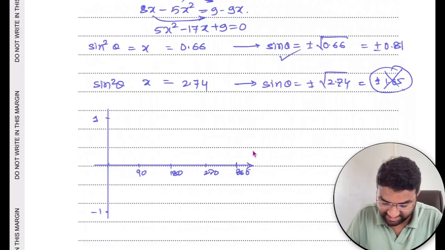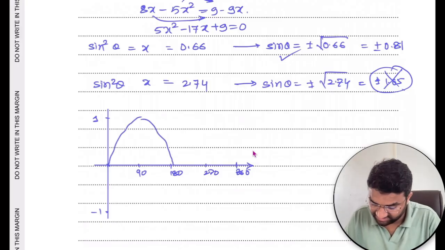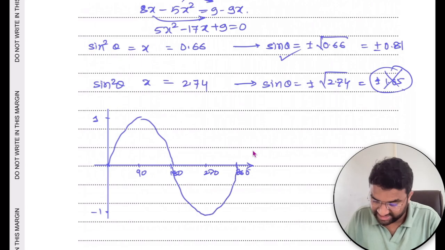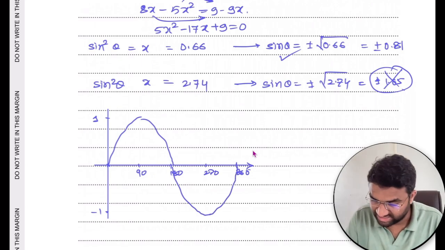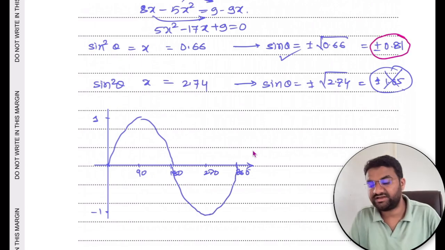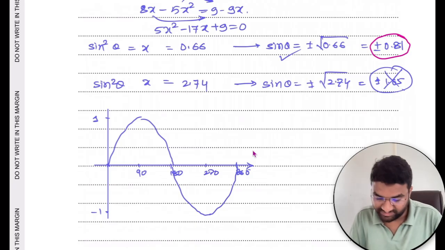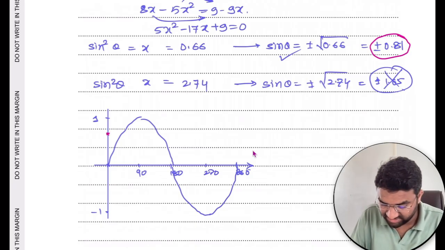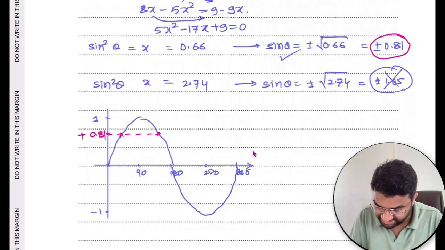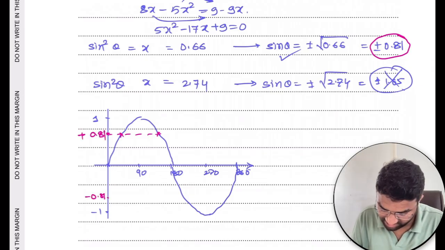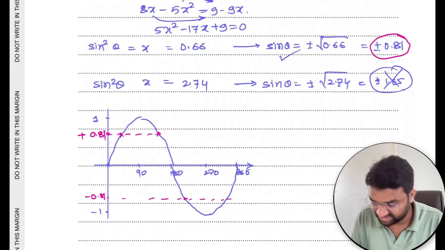It starts at 0, at 90 it's 1, at 180 it's again 0, at 270 it's minus 1, and at 360 back to 0. This is the graph, and you are getting plus minus 0.81. The first point is 0.81, intersecting here and here, and minus is minus 0.81, intersecting here.